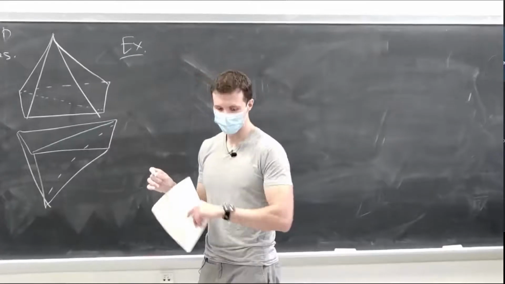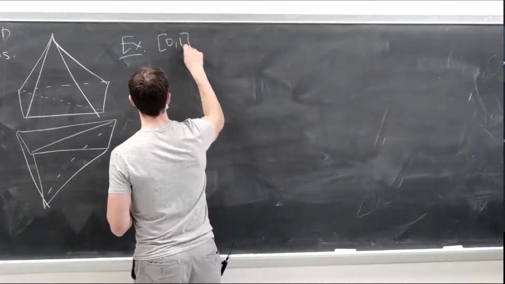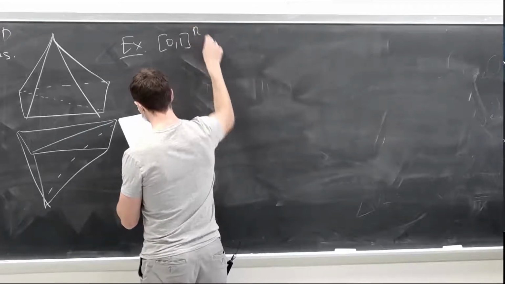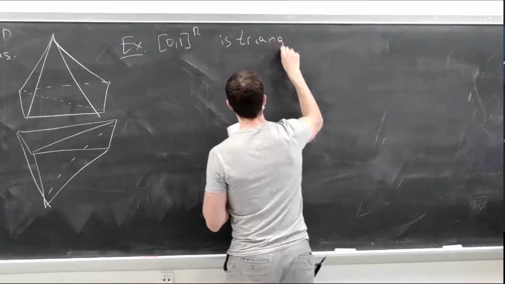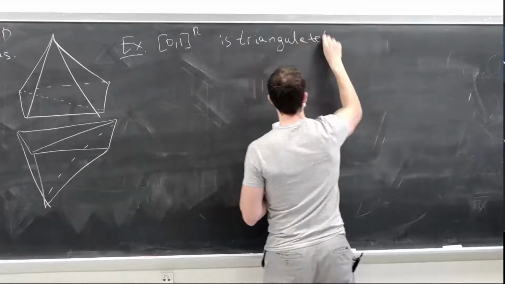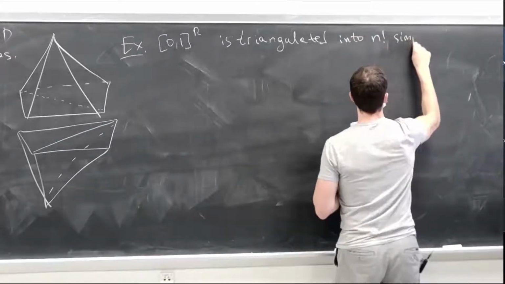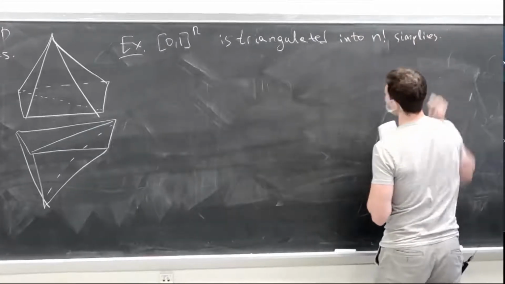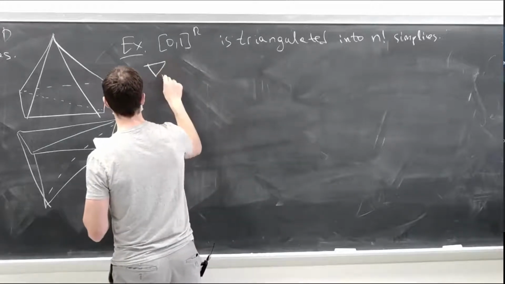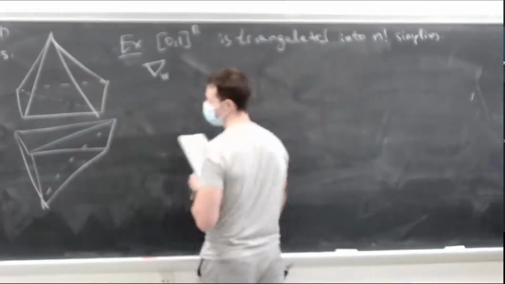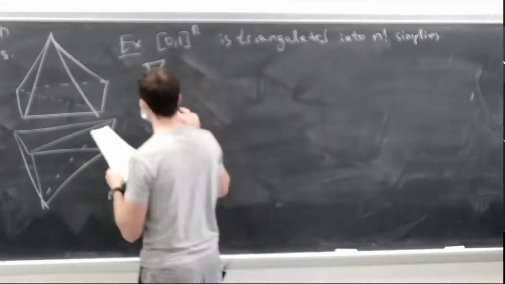One example we discussed previously is that the cube [0,1]^n is triangulated into n factorial simplices. Here I'm talking about the top dimensional pieces, and then we automatically include all their faces.